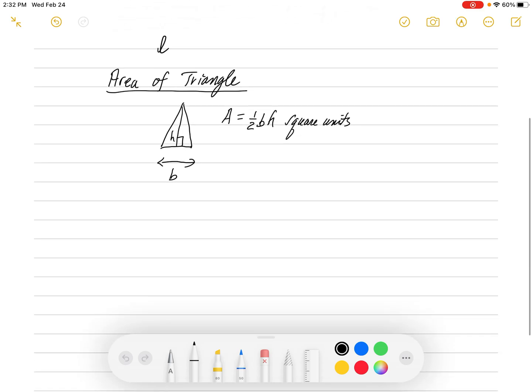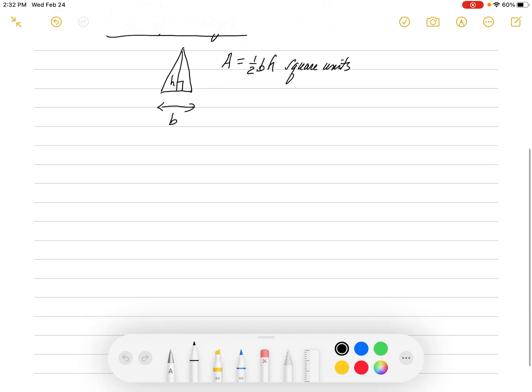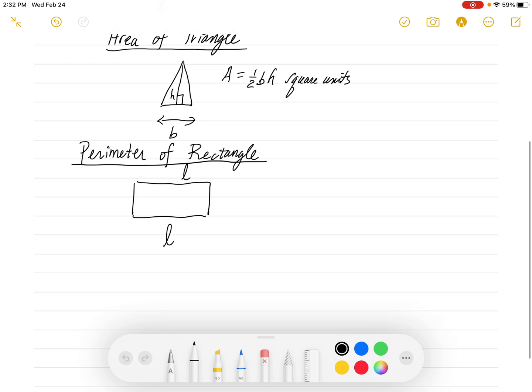Anything else worth mentioning? We could talk about perimeter, maybe. Perimeter of a rectangle. So if I take a rectangle, and I call the long sides L and the short sides W, the perimeter is basically the distance all around the outside.